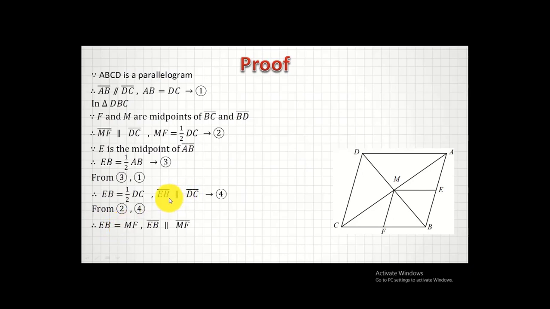And since EB and MF are both parallel to DC, EB is parallel to MF. Here I get two opposite sides equal in length and parallel. Therefore, EBFM is a parallelogram. Clear?